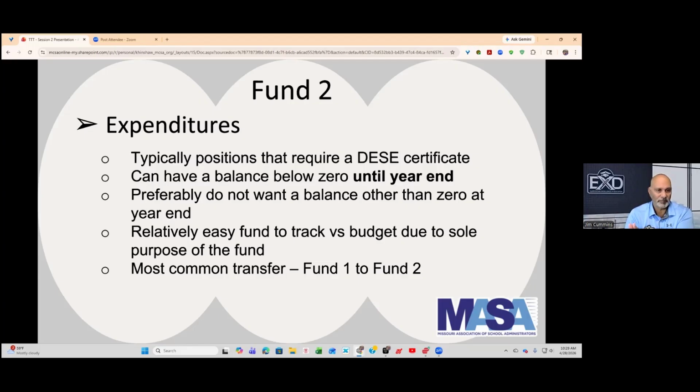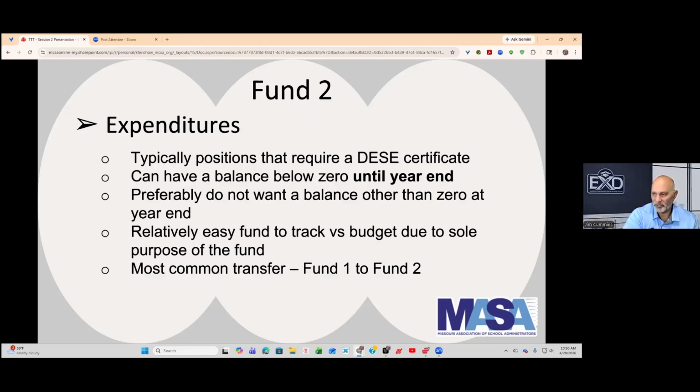So if typically at the end of October you are at 0.16% of your Fund Two spending, I would guess this coming year, when you look in October, you should be really close to that number as well. If you're significantly off, I would suggest doing some investigating, because that number should be really easy to track. There aren't many timing differences when it comes to Fund 2, typically paid on the same schedule every year.